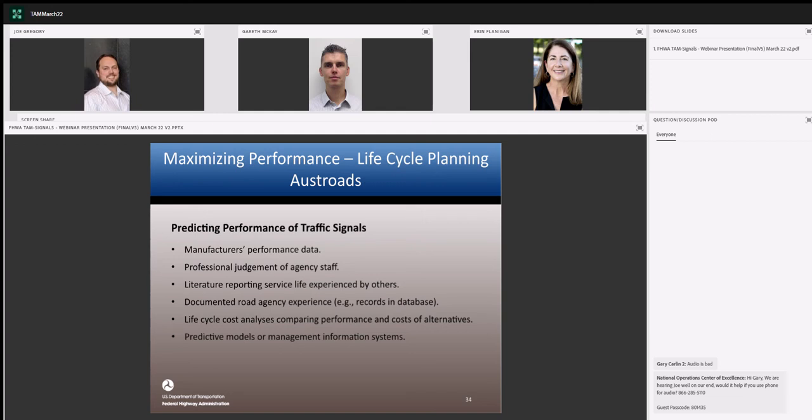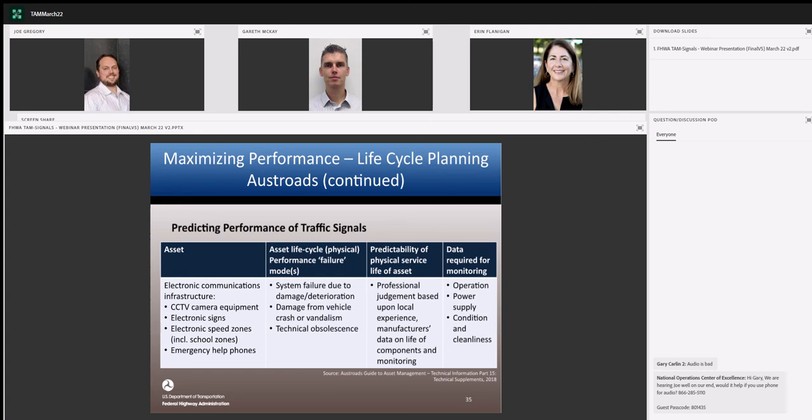The third one is looking over your shoulder and seeing what others are doing and what we can get from others. Documenting your agency's experience, so having maintenance records within a database, is another way of predicting performance. And once you have all those bits and pieces, looking at how you can do some analyses to compare performance and cost of alternative approaches, and using models and information systems to assist with that. So a range of different things can be used there to predict performance.